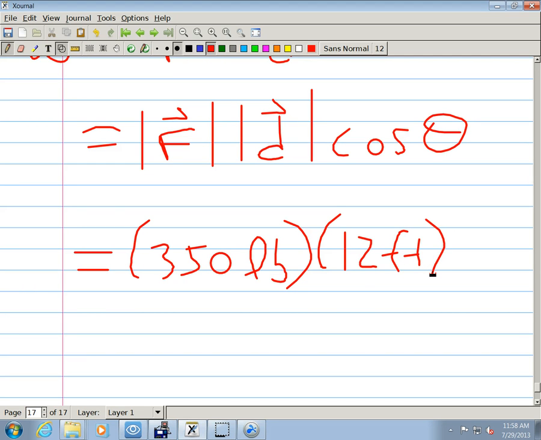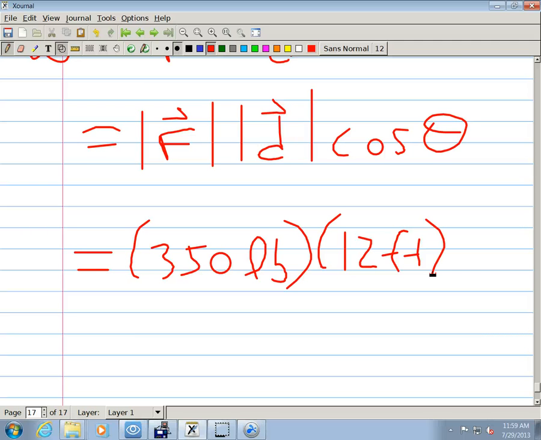The angle that I'm working against, let's put it this way: I'm pulling at it with a rope, and this rope is taut. Now, if I dragged it at 0 degrees, what's the cosine of 0?